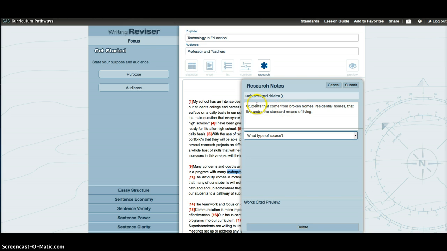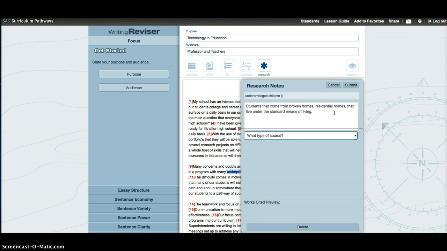Now, I put down here, in our school, we tend to see underprivileged children come from students that come from broken homes. That can mean one-parent homes or no parents, living with a relative. And also residential homes. Okay, could also be foster parents that they might be living with. And also just students that live under the standard means of living.